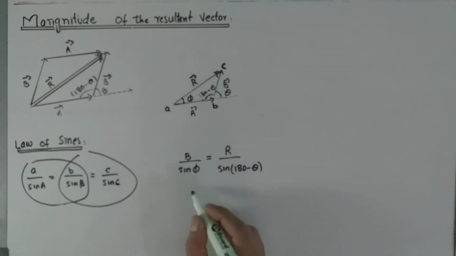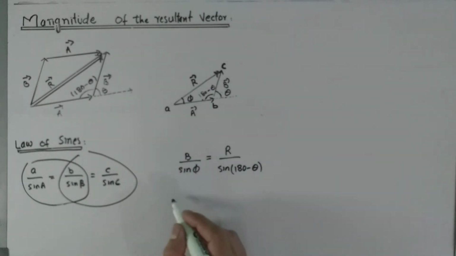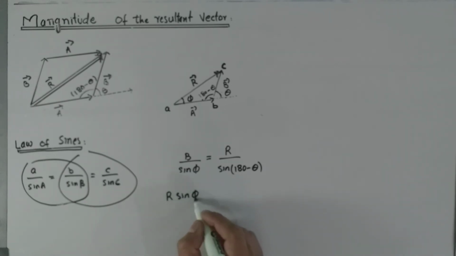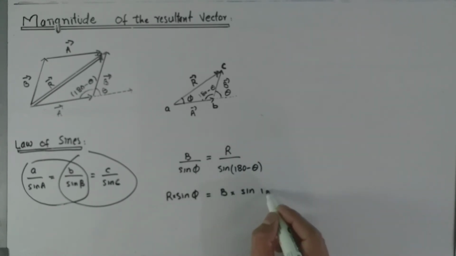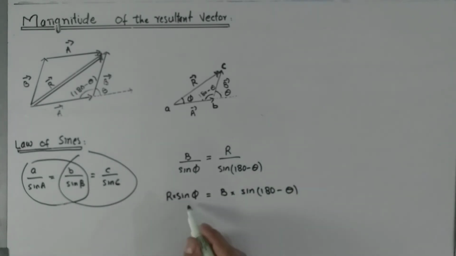So now cross multiply this one. So r sine pi is equal to b multiplied by sine 180 minus theta. We need pi, so sine pi is equal to b multiplied by sine 180 minus theta, divided by r.